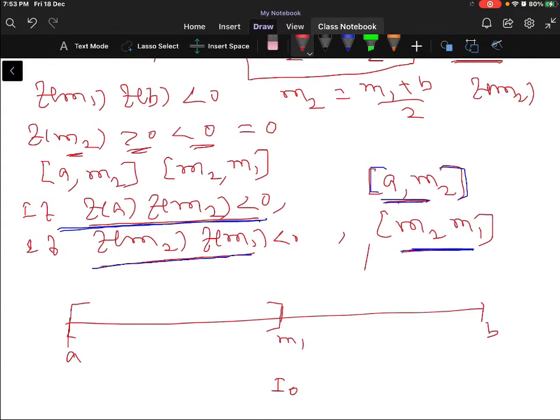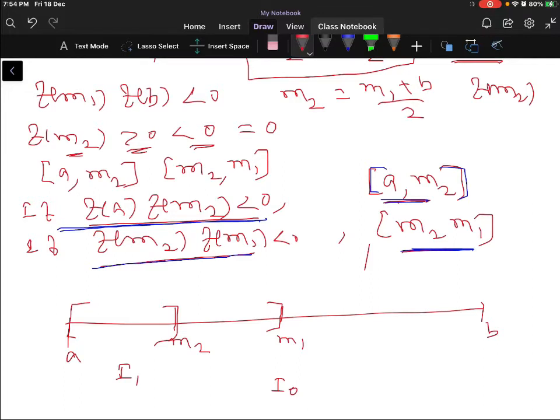Again we bisect the interval a comma m1 and get m2. We get subintervals a comma m2 and m2 comma m1. Suppose f of a into f of m2 is negative, take this as I1.